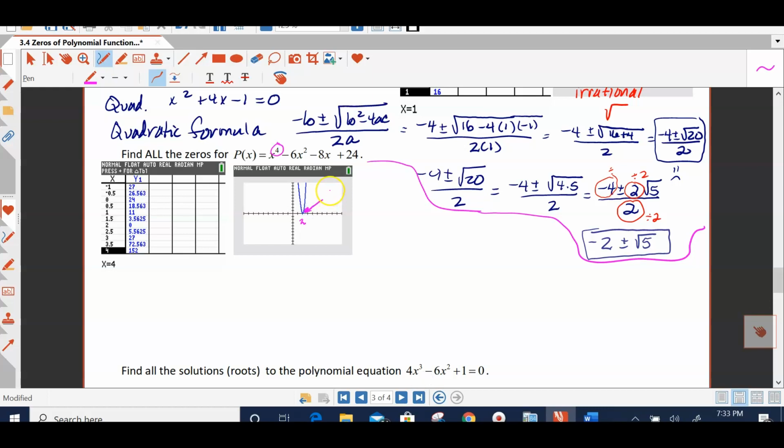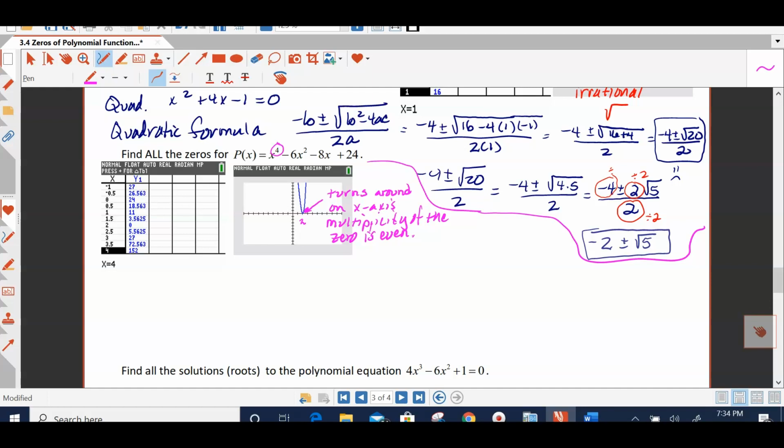When the graph turns around on the x-axis, the multiplicity of the zero is even. Remember, multiplicity means how many times it repeats.